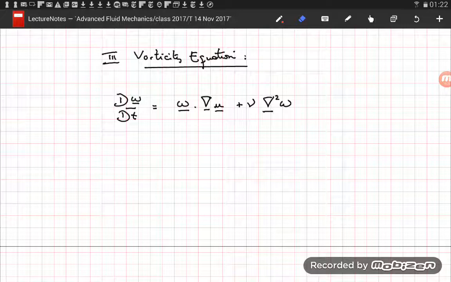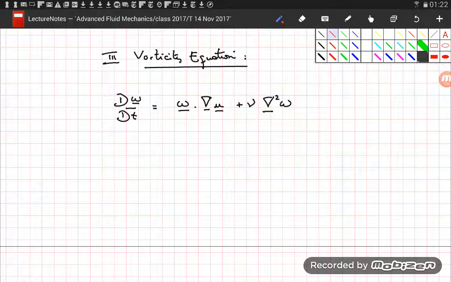You have the material derivative of the vorticity, which is equal to the vorticity dot gradient of u plus mu, where mu is the kinematic viscosity, times the Laplacian of omega.